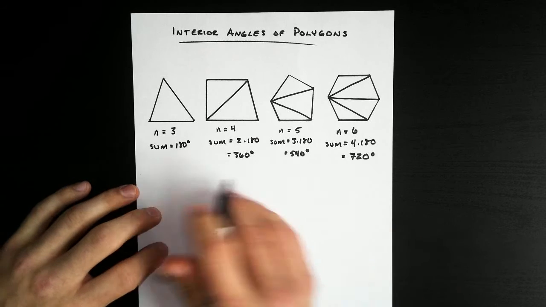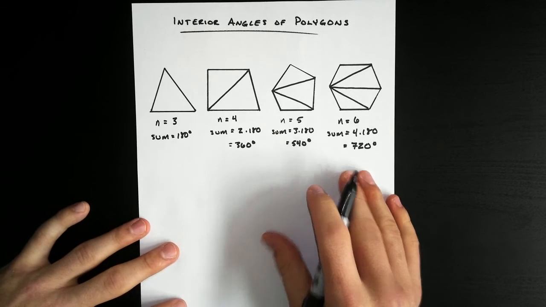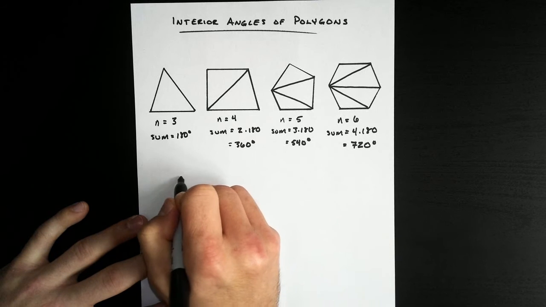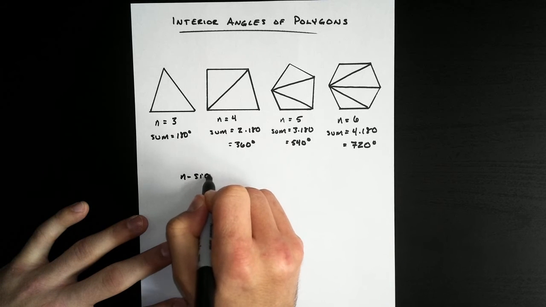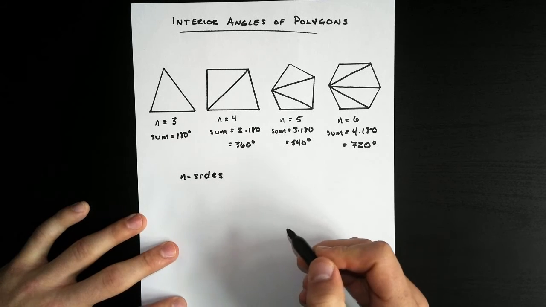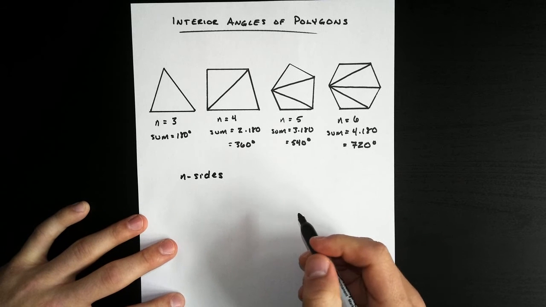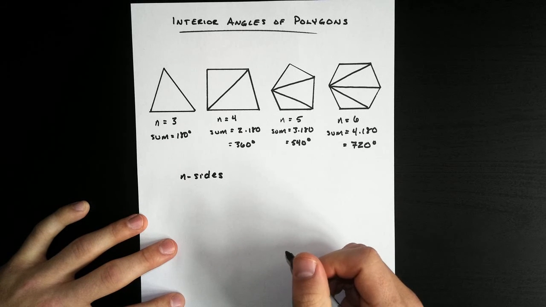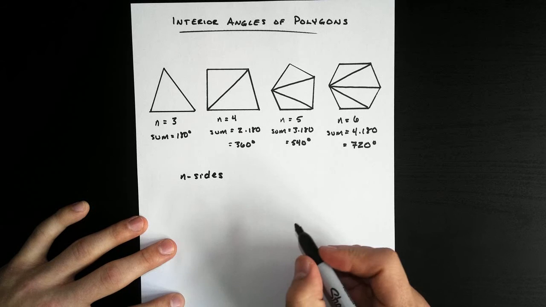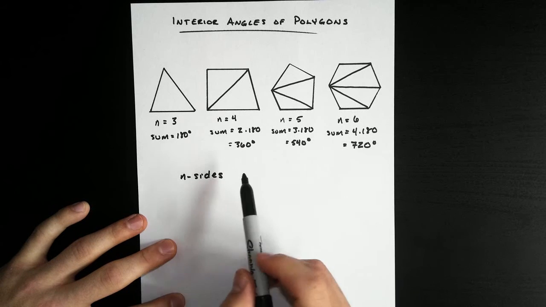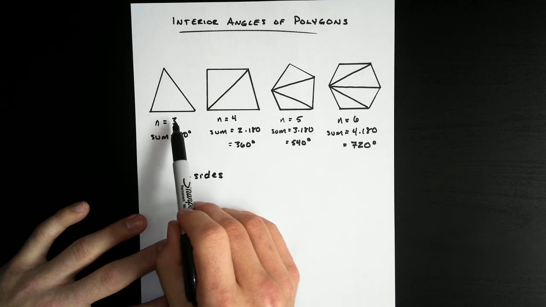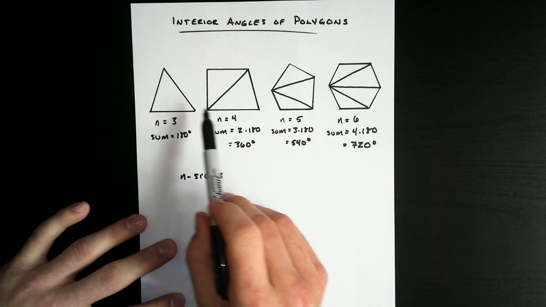Okay, so now let's try and generalize this. So I want to do this for n sides. Then this formula will work for any polygon as long as I know the number of sides that it has. So if I have 3 sides, I get 1 triangle.